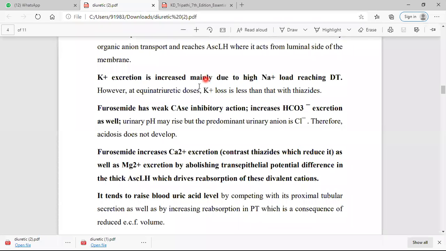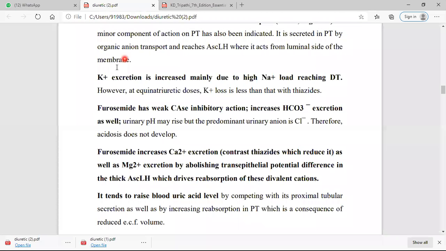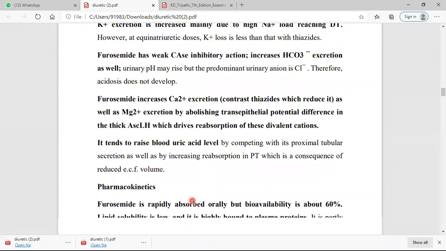By understanding this action you can clearly understand the side effects of this drug, because the side effects are generally asked. So the side effect is hypokalemia, then it also causes hypocalcemia and hypomagnesemia. It also raises the blood uric acid level, meaning hyperuricemia, meaning it precipitates gout.